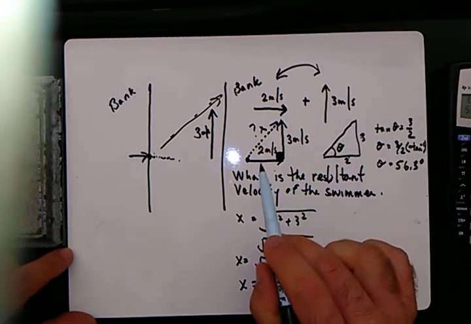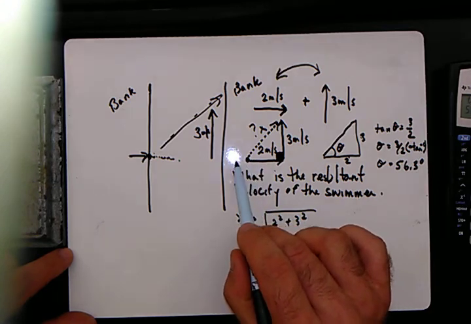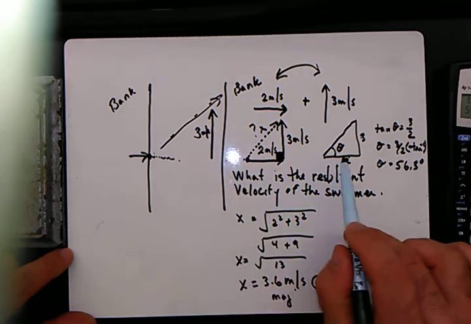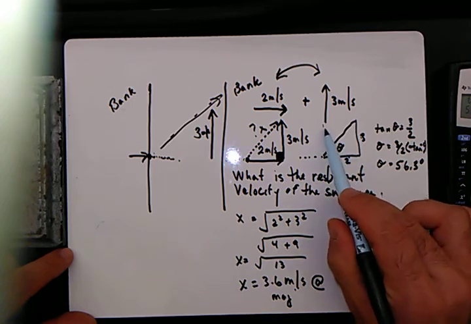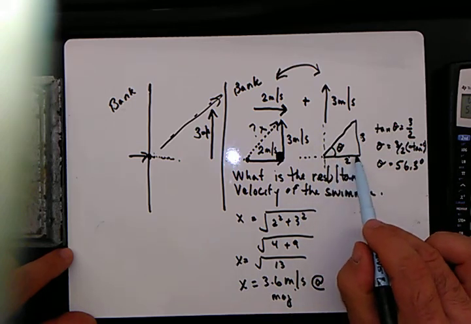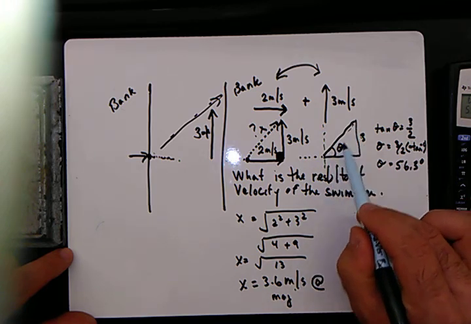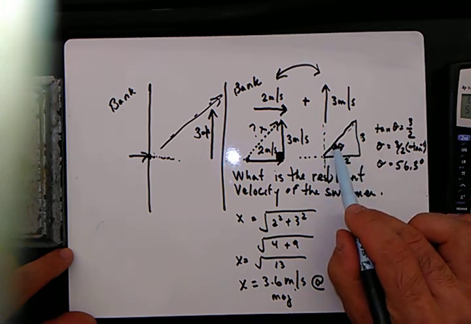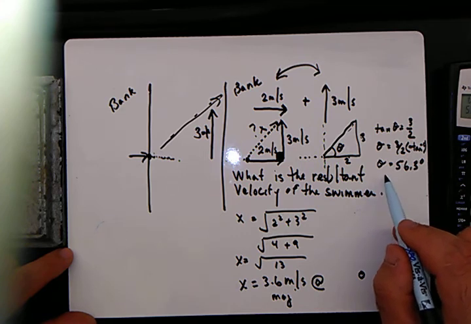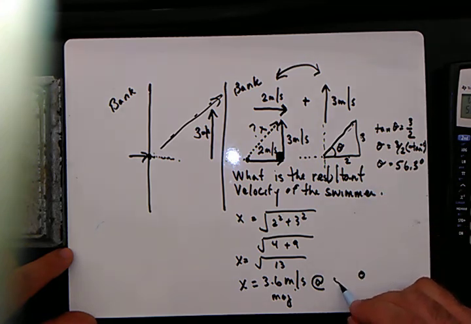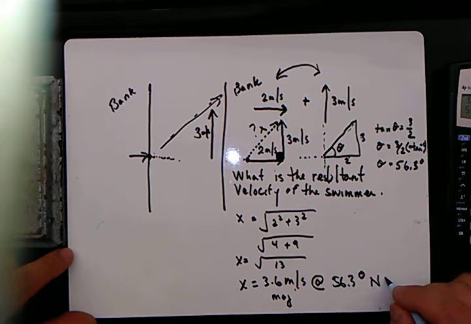And if we look at it, if we were to draw a coordinate plane here, this is the east line, and the vector here is north of the east line. So our angle is 56.3 degrees north of east.